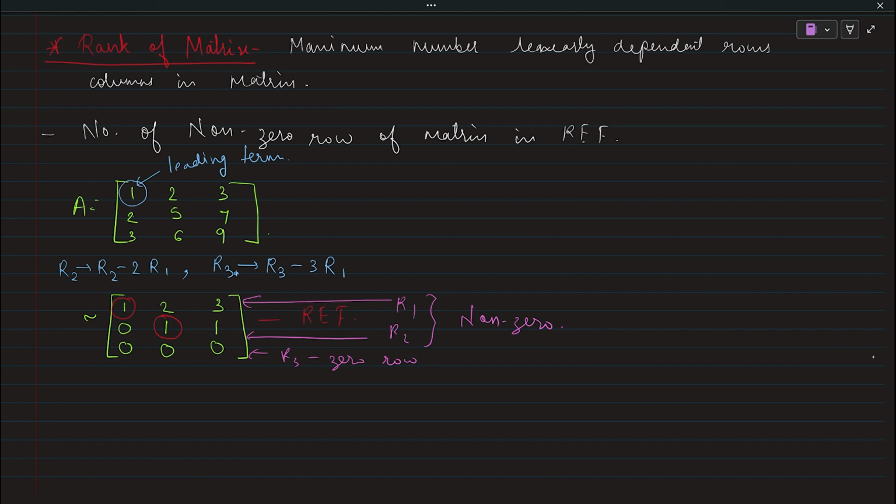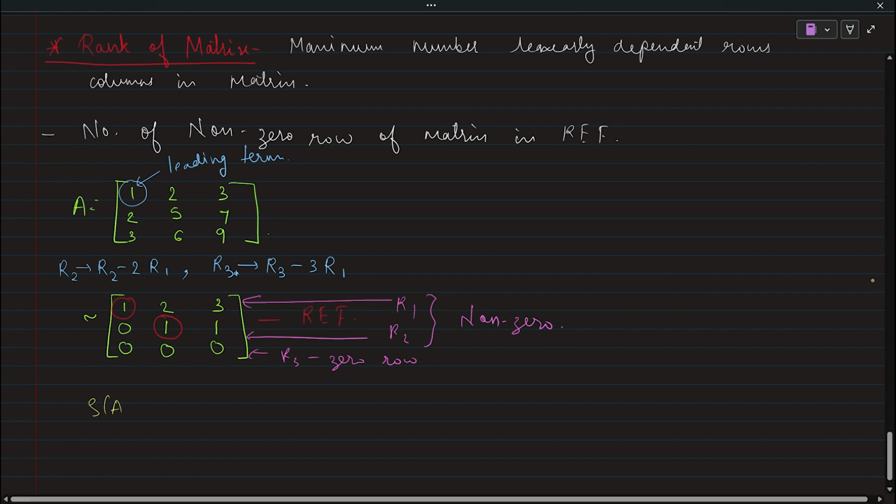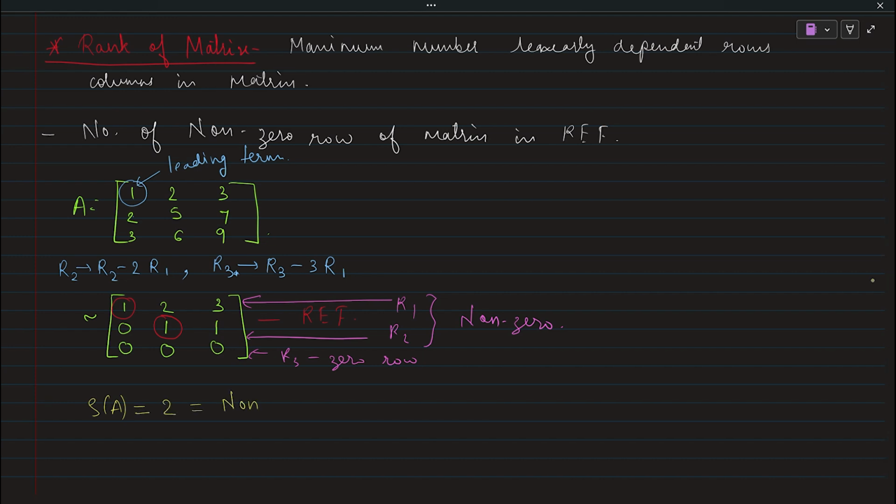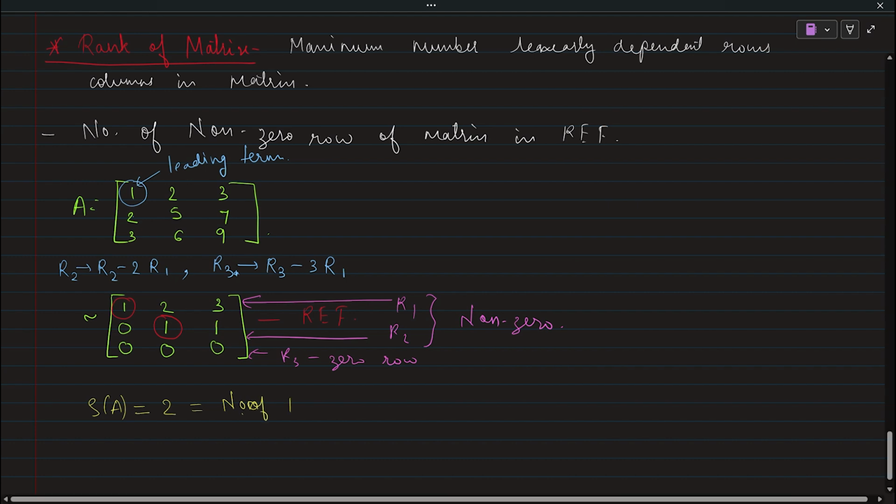So the rank of the matrix is 2. That is the number of non-zero rows.